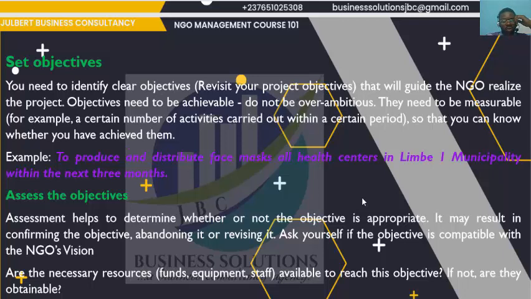What you intend to achieve, the project you intend to execute, revisit it and get the objectives. If you do not have specific objectives you want to meet, then it will be difficult for you to come up with a calendar, a step-by-step process of achieving that.